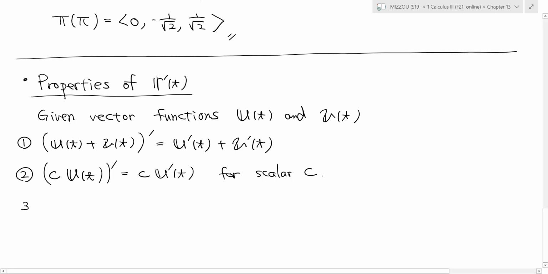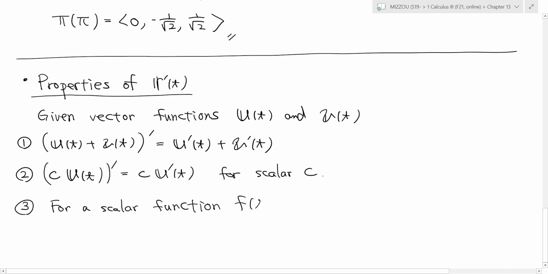Now 3. As a sort of generalization of this, as a more general case for number 2, what if c is a function of t, namely a scalar function, meaning just a function whose value is a scalar.